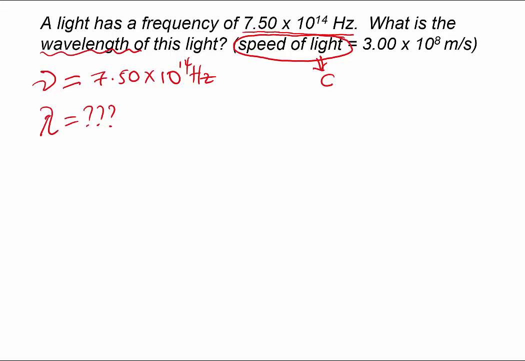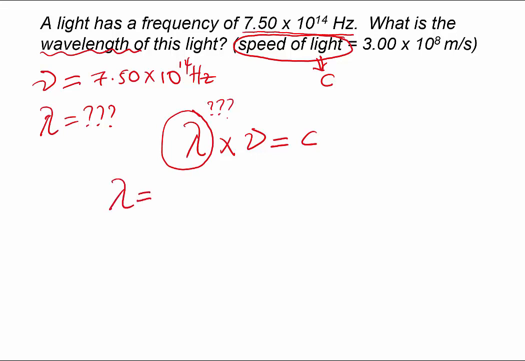We know the relationship between frequency and wavelength. The wavelength multiplied by the frequency will be equal to the speed of light. If we rearrange this equation such that we isolate the wavelength, then the wavelength will be equal to c divided by nu.